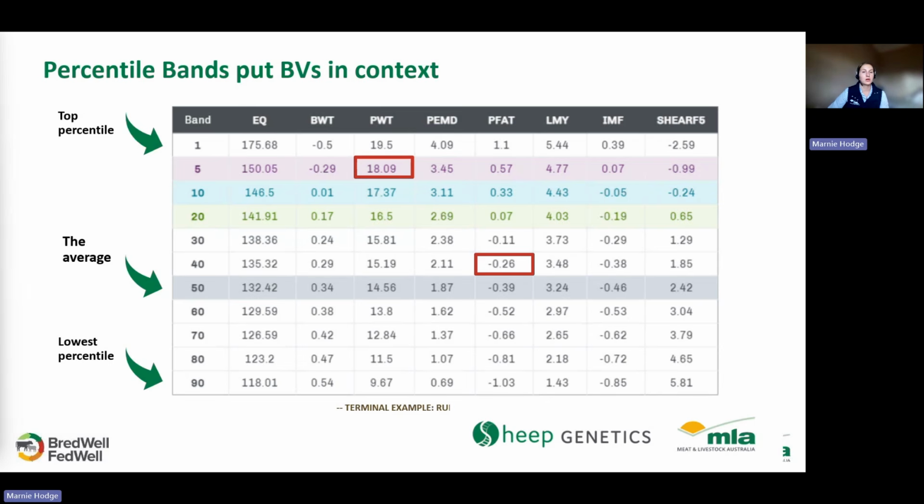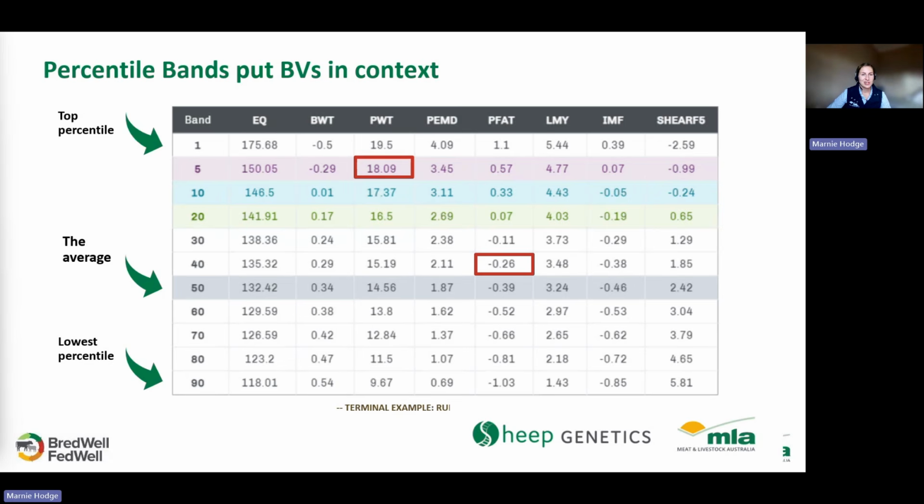If we focus on the top red highlighted box, which is under the PWT column, that's highlighting a breeding value of 18.09. That's saying that that particular breeding value is the cutoff for the top 5th percentile of industry. So we know that if the breeding value for PWT or post-weaning weight is above 18.09, it's going to be in the top 5th percentile for industry.